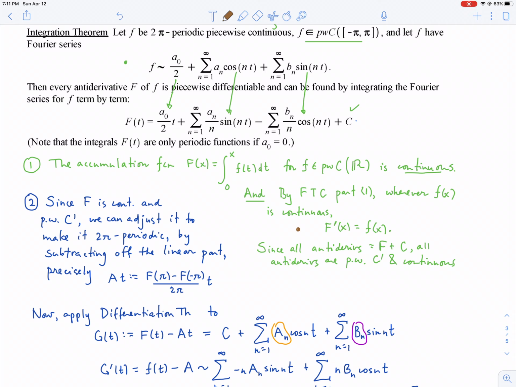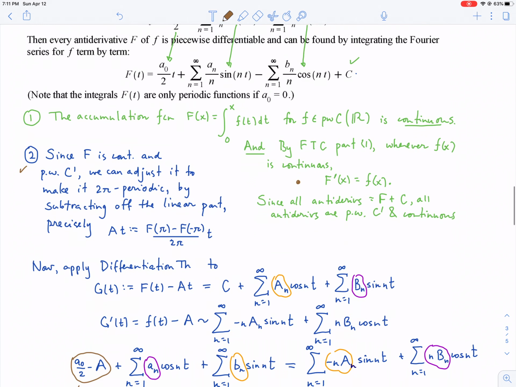The accumulation function might not be 2 pi periodic. The only way it's going to be 2 pi periodic is if the net accumulation over any interval of length 2 pi is 0. But what you can do is subtract off a linear term to make it periodic.